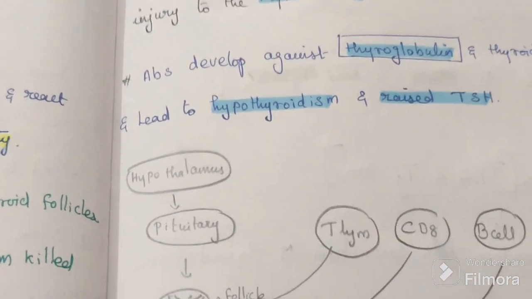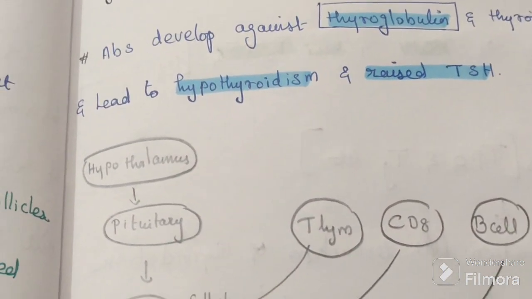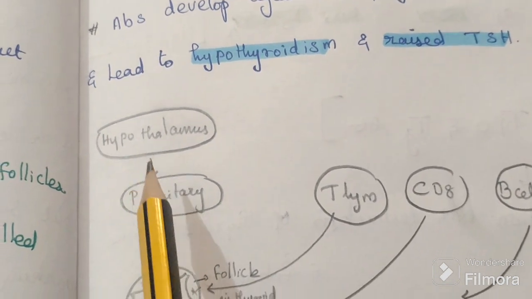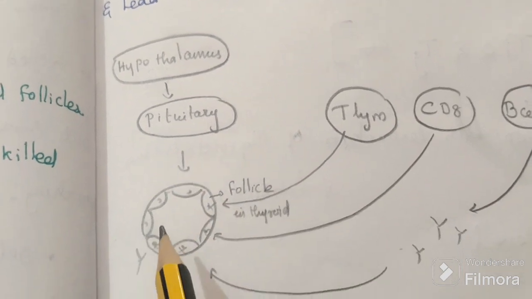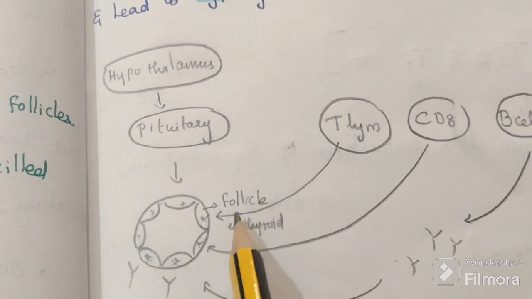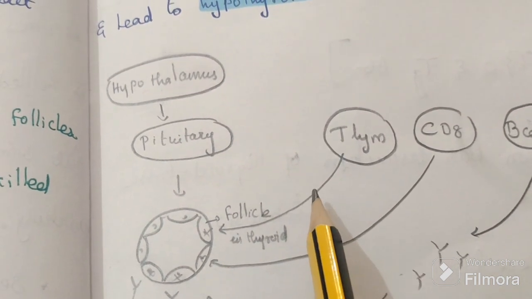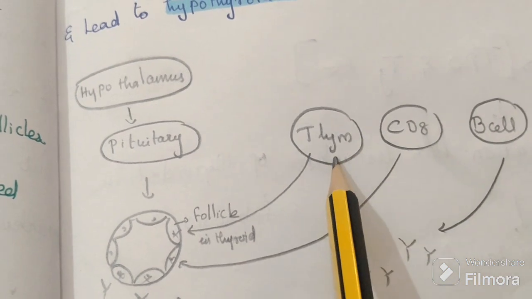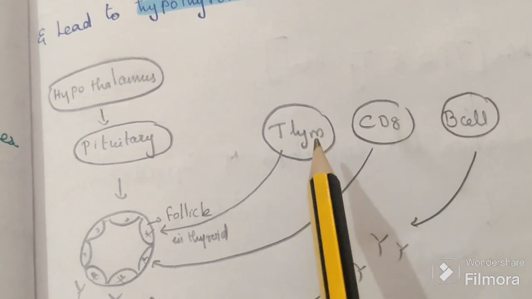So see here this diagram. This one is the hypothalamus, this one is the pituitary, this one is the follicular cell, follicles of thyroid. Here three types of cells are presented: T lymphocytes, CD8 and CD4 cells.